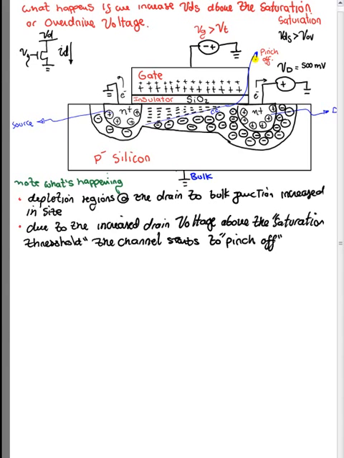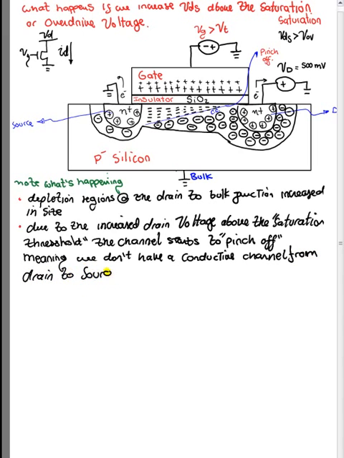Meaning we don't have a conductive channel from drain to source anymore, right? And that can be seen from the picture. Another thing that happened, there's still current, right? Even though it's a little bit counterintuitive, it will become way clearer in a little bit.